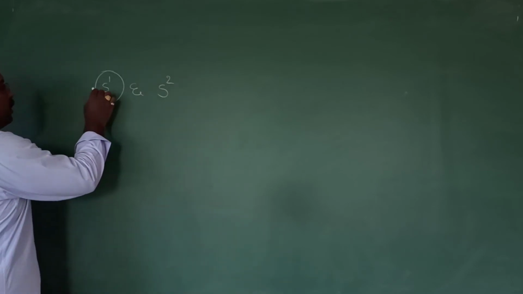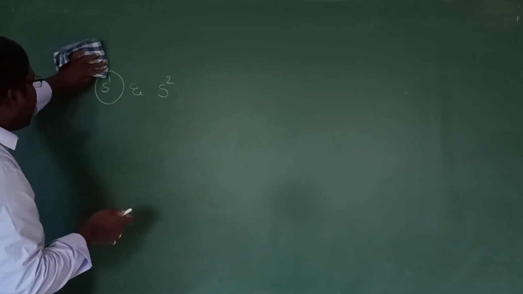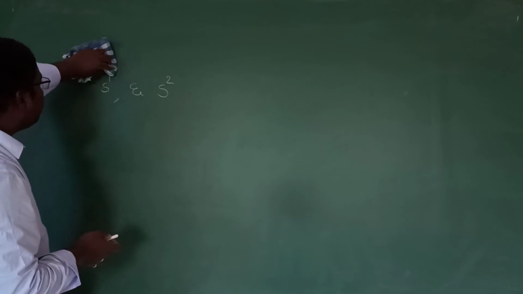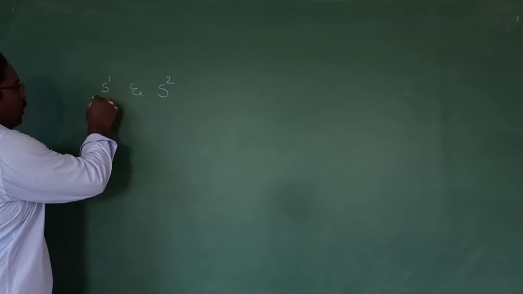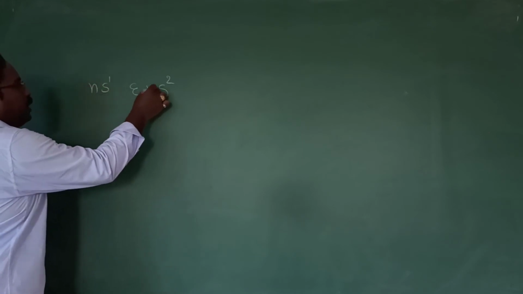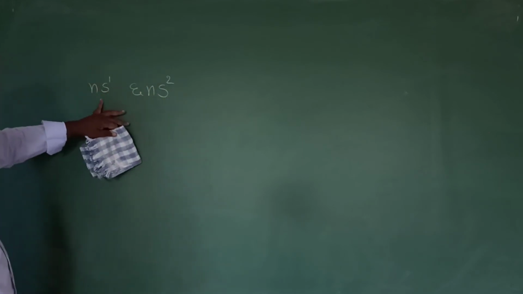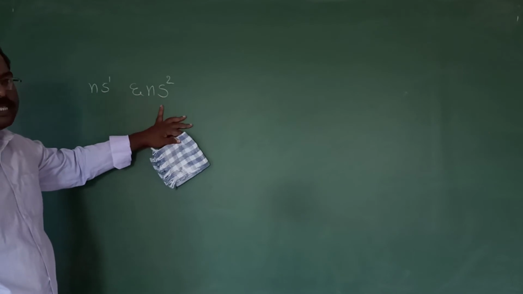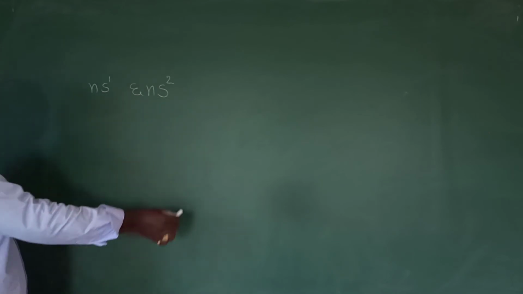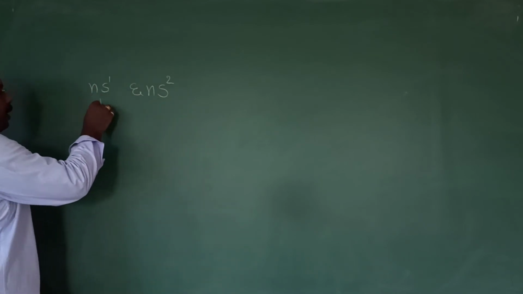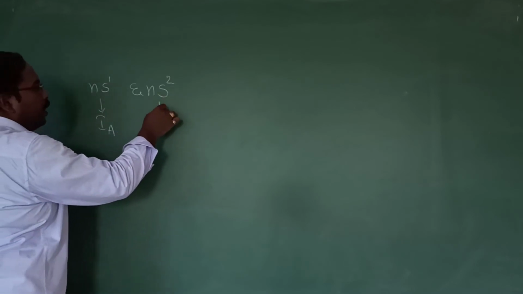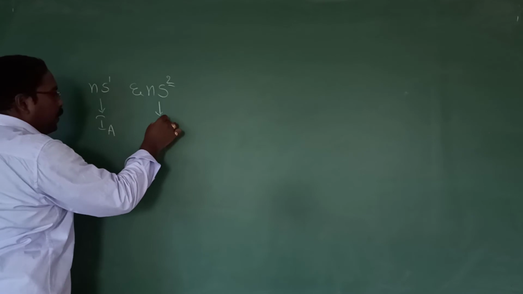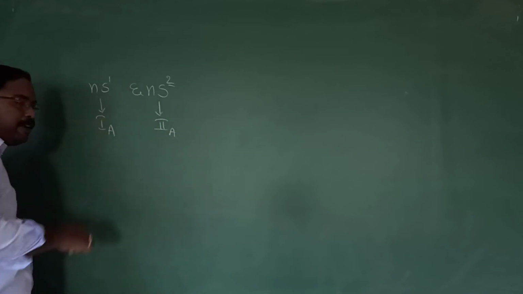I think even in the last class we discussed the general electronic configuration of groups. Simple logic: only one valence electron is present in the first A group and two valence electrons are present in the second A group.